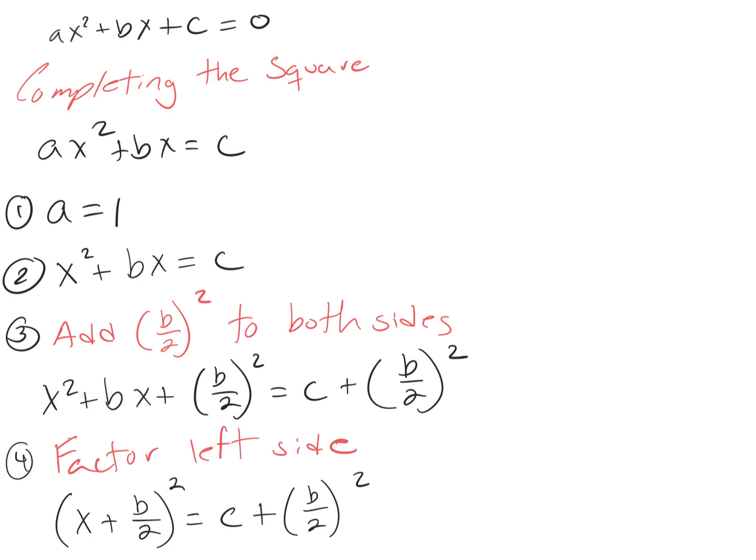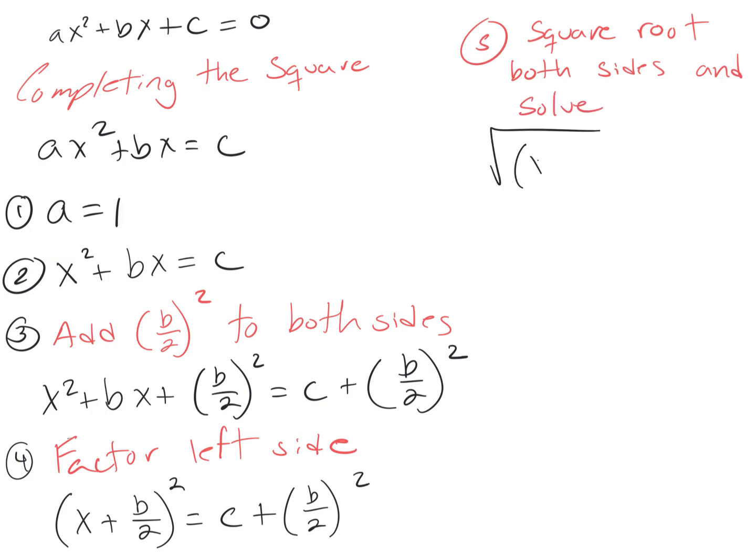And then from here on out, the fifth step, it would be to just square root both sides and solve. So it would look like this.